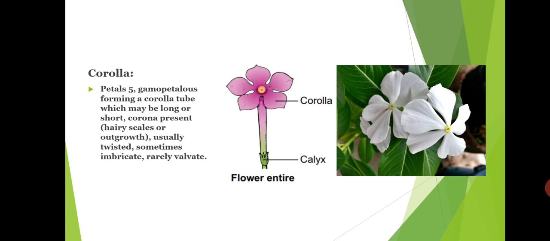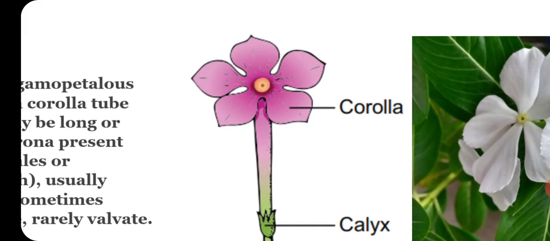Hypocrateriform corolla is present in Catharanthus roseus. Most probably we can see the corolla tube is bell shaped, but here it resembles a very slender tube.